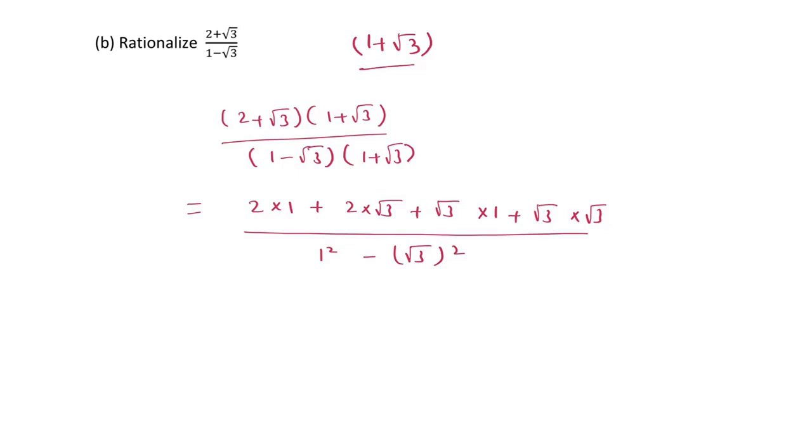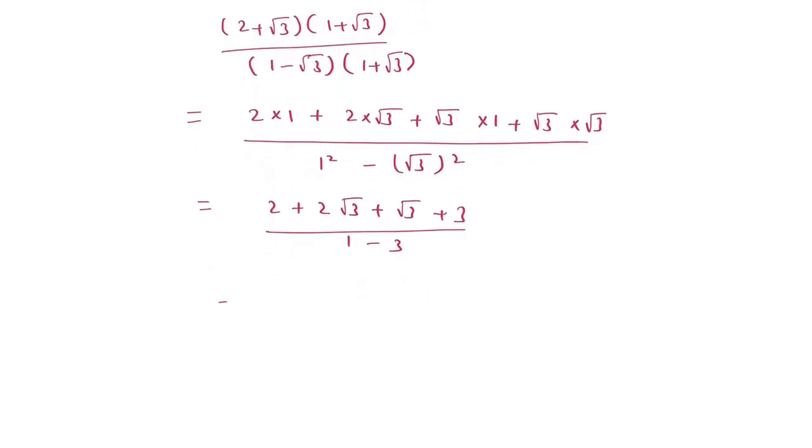Okay, so solving this, we are going to have 2 plus 2 root 3 plus root 3 plus 3 over 1 minus 3.